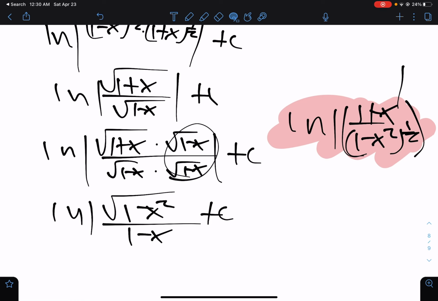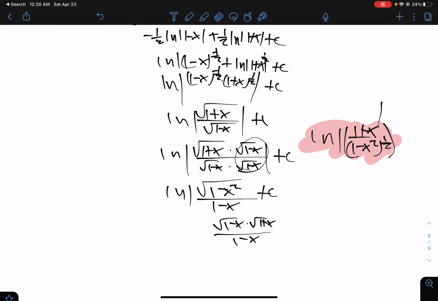Let me see how this could be simplified.